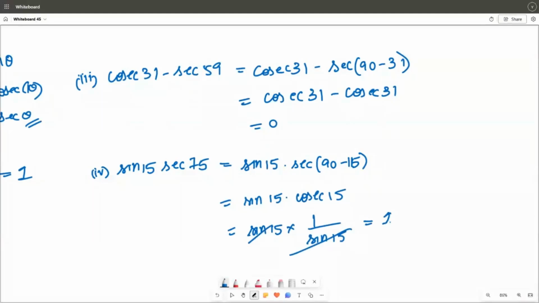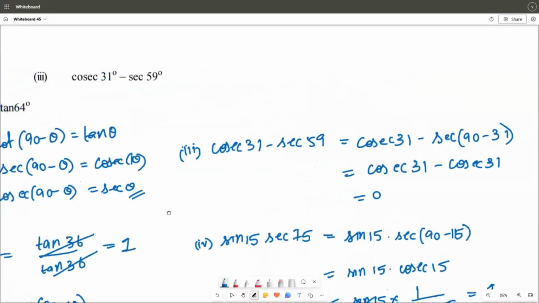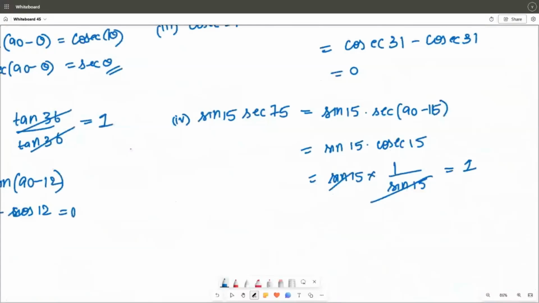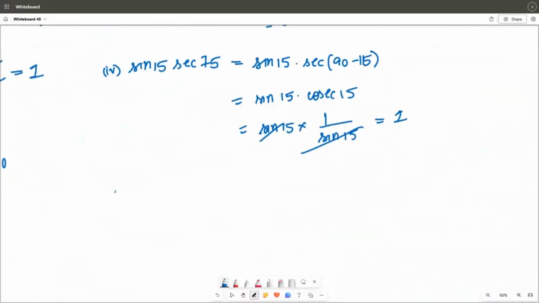So this would be sin 15 into 1 by sin 15, and numerator and denominator will get cancelled and the answer is 1. Next, last one, fifth one, we have tan 26 into tan 64. Let's write 64 as 90 minus 26. So this would be tan 26 into tan 90 minus 26.